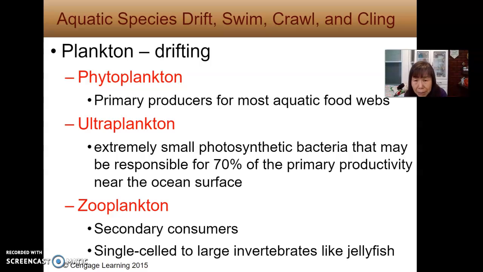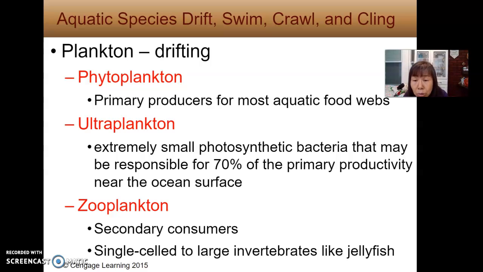They are in water, but they are not active swimmers. Basically they drift together with the tide, with the current. Among plankton, one is phytoplankton. Those are the primary producers of most aquatic food webs, algae things.